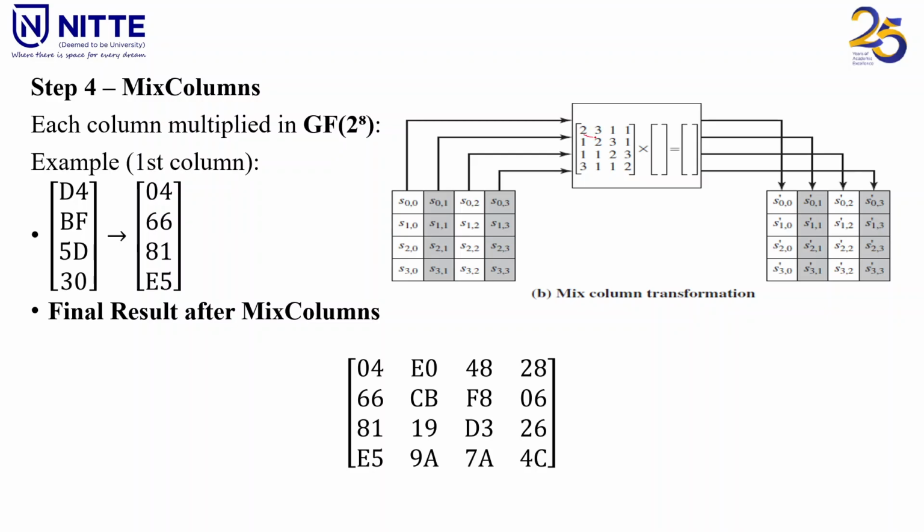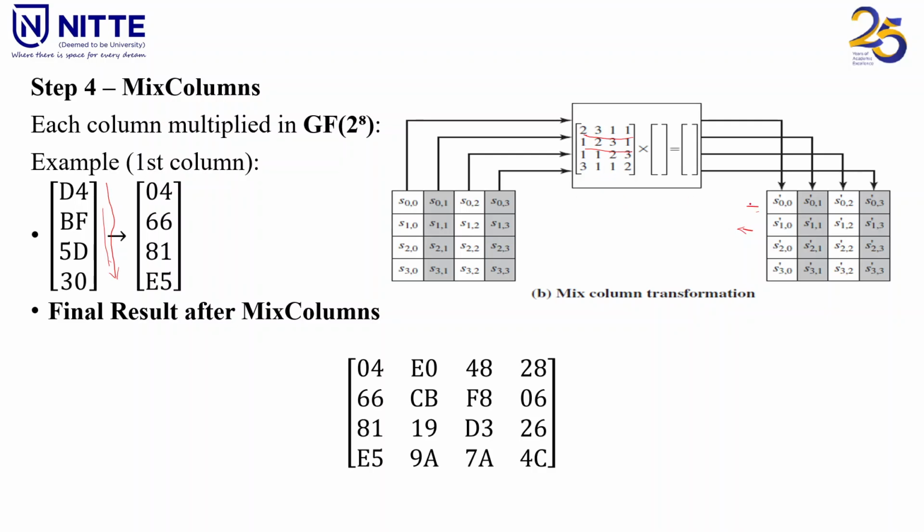The first row element is multiplied with this column, and that gives the first element value. In order to get the first element value, we perform it like this. Next, to get the second one, I multiply the second row element with the same column. Similarly, the third row element with the same column and the last row with the same column.